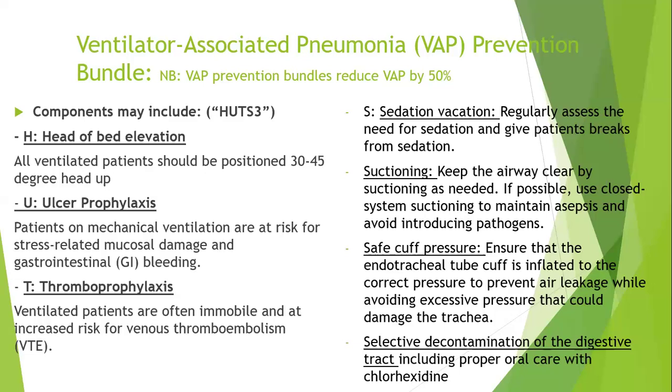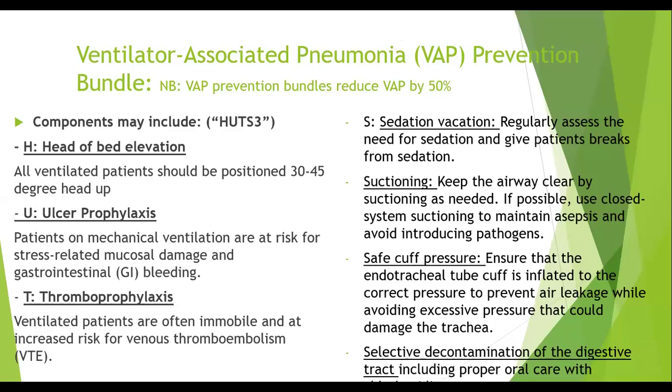Very important is the selective decontamination of the digestive tract, and here we're more concerned with proper oral care with chlorhexidine. So maintaining these 5 to 6 prevention bundles will go a long way in ensuring that we reduce the incidence of ventilator-associated pneumonia in our patient.